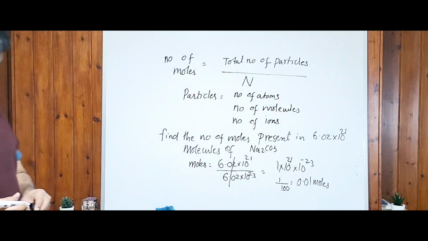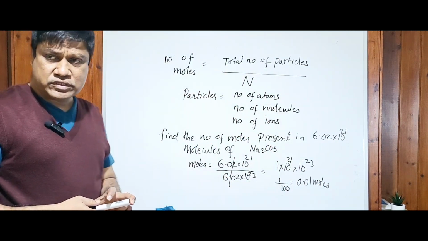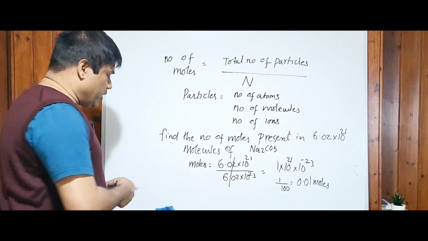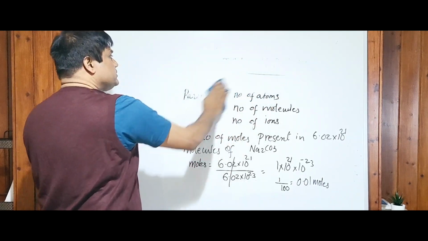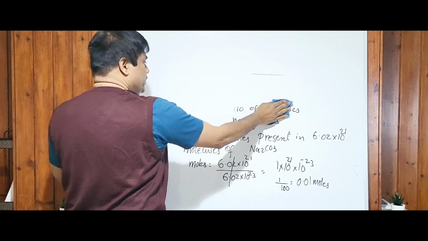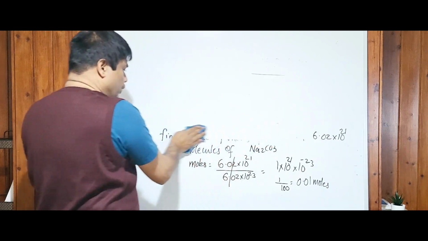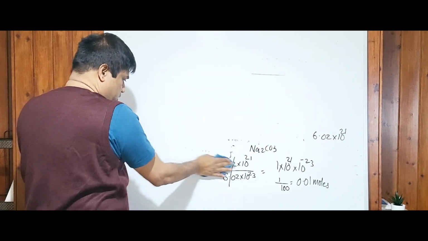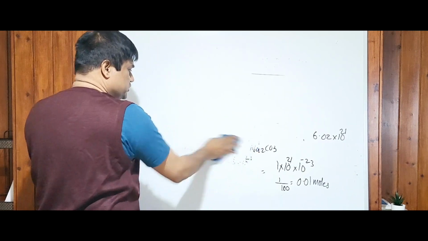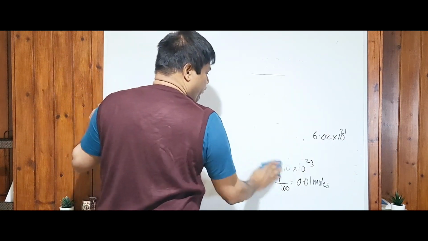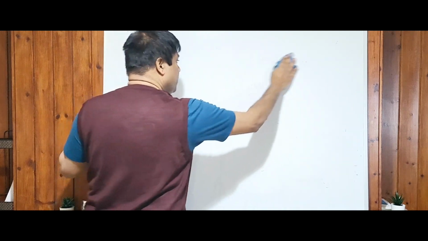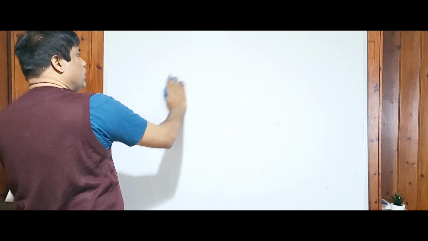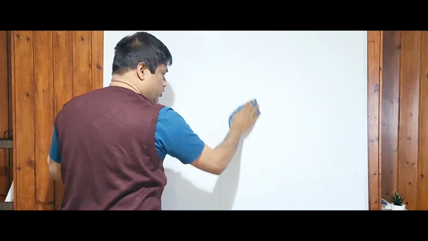Can I give you one more example? Okay. Now you're getting confident how to work out the number of atoms and molecules for a given element, or if they give you the number of particles, how to work out its mole.